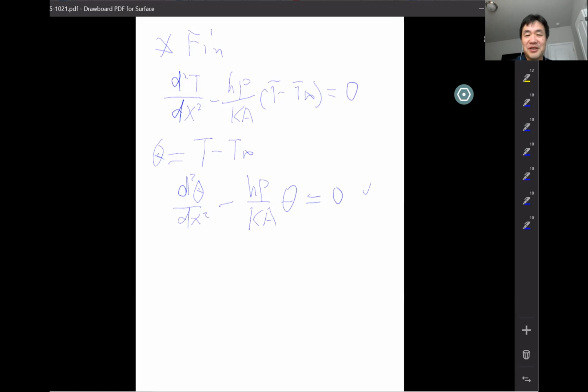We don't want to start with too complicated an equation. If you make a 3D equation, there's no way to solve it. So we simplify it and say, along the Y direction and Z direction, the temperature doesn't change. It only changes along the X direction. That's the assumption we make, and that leads to this equation.